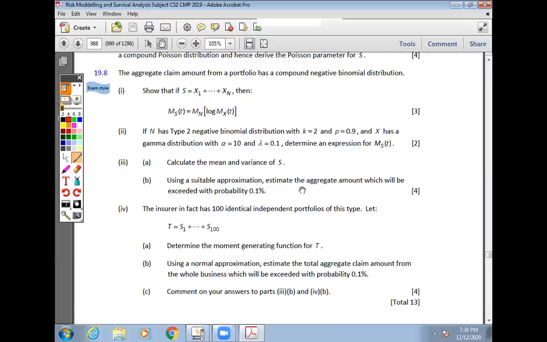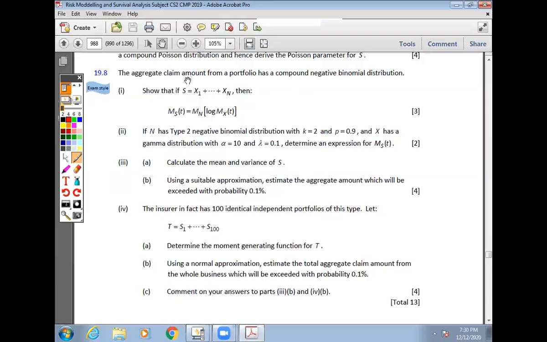So what is the question asking of us? We have the aggregate claim amount from a portfolio, and they say that it has a compound negative binomial distribution. The very first thing you should notice is that they have said aggregate claim amount, not claim amount, right? Because claim amount would follow some continuous distribution.